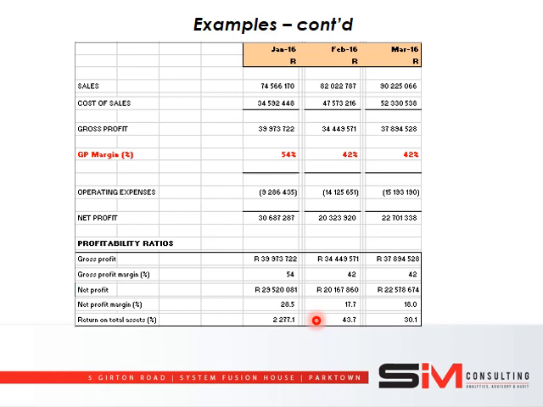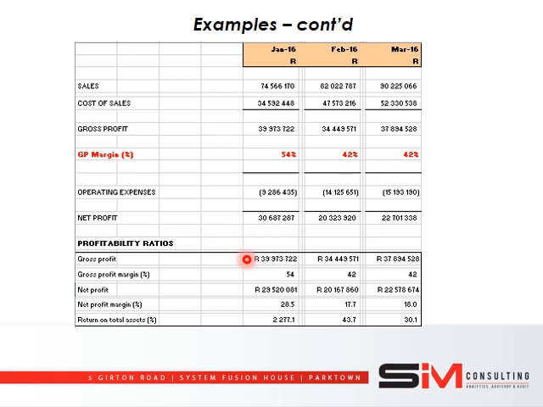However, applying the second analogy in your steps of analysis, which is comparison, let's look at what happens when we compare. First, let's compare our gross profit. We'll have to compare the gross profit of February 2016 and the gross profit of January 2016.